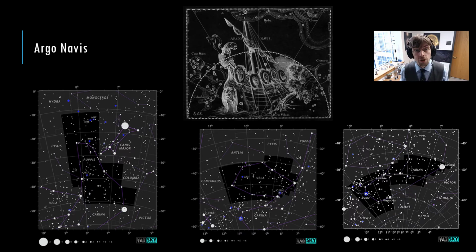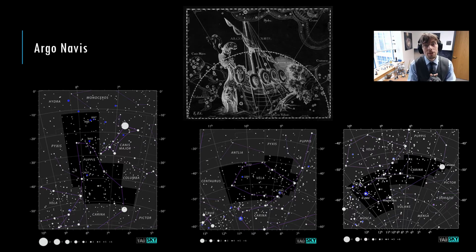Now here's the issue. You have Argo Navis, and you've labeled all of the stars, alpha, beta, gamma, delta, epsilon, zeta, and so on. You've gone through the whole alphabet, labeling all of the stars in the constellation Argo Navis.